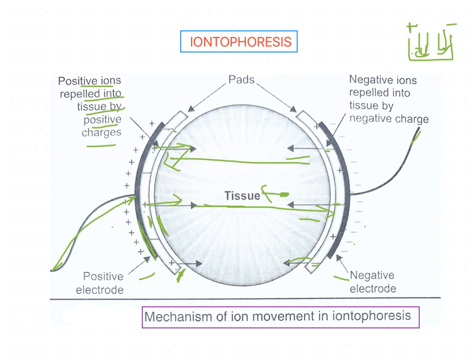The effect of any drug introduced by iontophoresis is likely to be either local, in the skin under the active electrode, or systemic, because when the drug enters the tissue fluid, it is disseminated throughout the body tissues. So this is the mechanism of ion movement in iontophoresis.